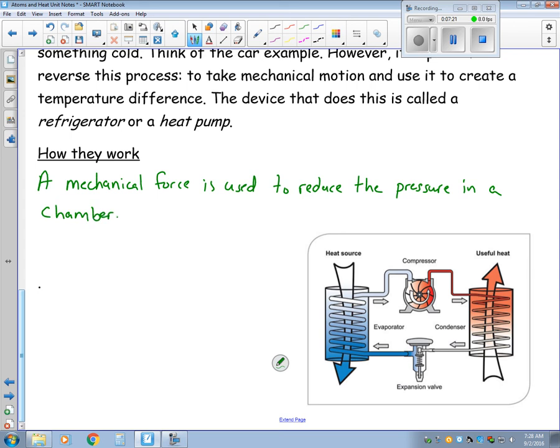This mechanical force is usually done through a piston. We use a tiny electric motor attached to a piston that will reduce the pressure in some sort of chamber.